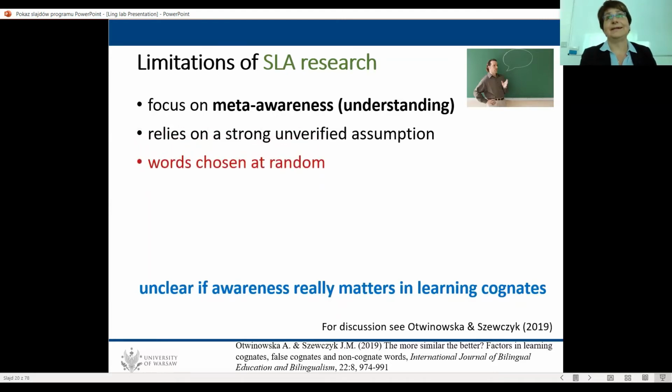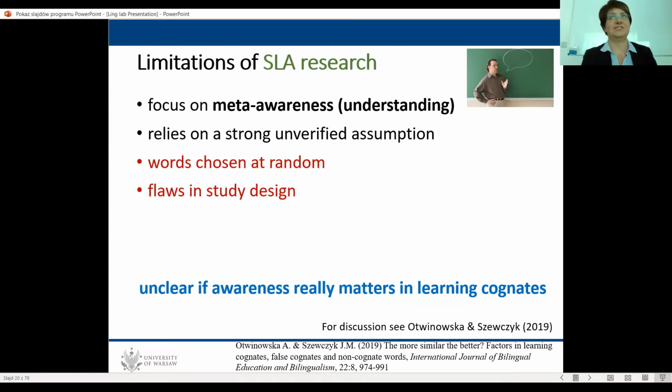And very often it has methodological flaws. Words for the study will be chosen at random, as opposed to psycholinguistic research, where they are meticulously matched and chosen. There will be huge flaws in research design. If you look at the studies carried out in the 1980s and 1990s, there are real flaws in how some of those studies were carried out.